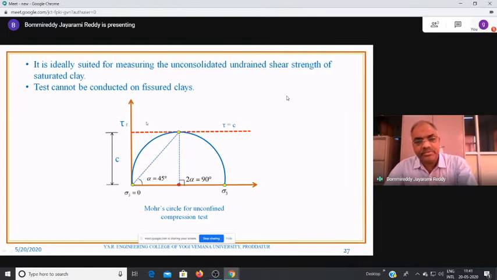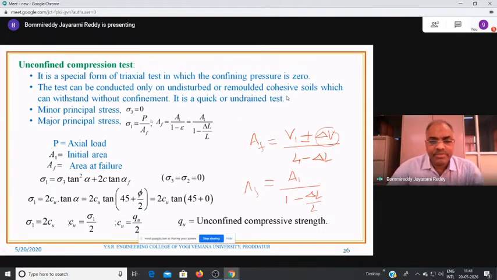But here, from the examination point of view, we try to understand sigma 1 is P by AF, and AF is this equation, and straight away Cu equal to Qu by 2. That's all. And the remaining is background theory for derivation of the final equation.